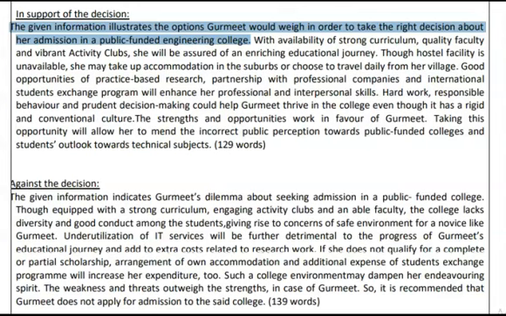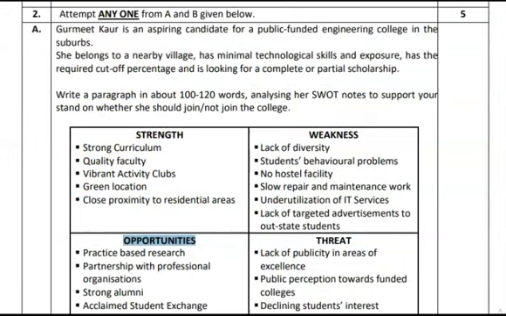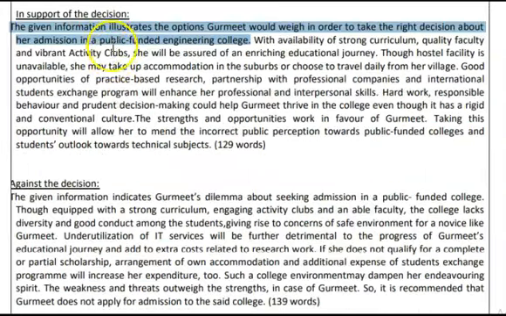The given information means whatever information is available about Gurmeet Kaur, so you have to mention this first. This will be your covering sentence. So the given information illustrates the options Gurmeet would weigh in order to take the right decision about her admission in a public funded engineering college. So this sentence is going to cover the entire points that are coming.